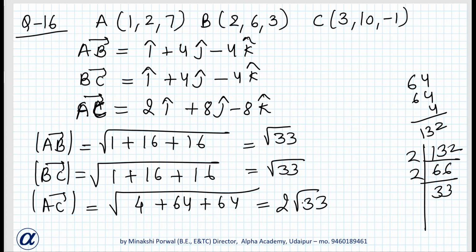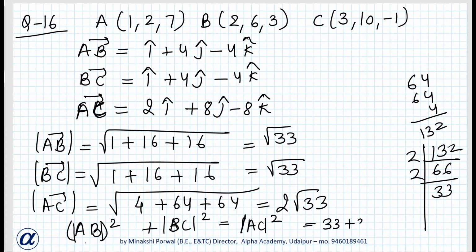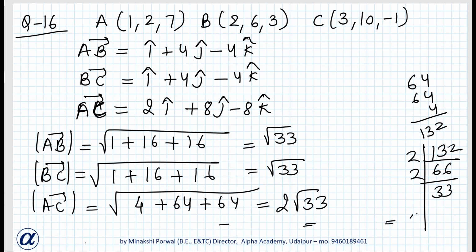Oh sorry, this is not a right angle triangle, this is collinear.